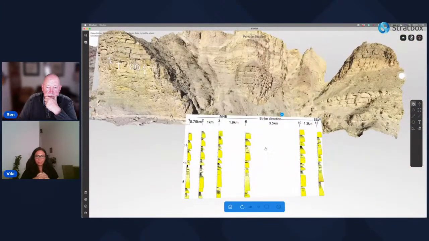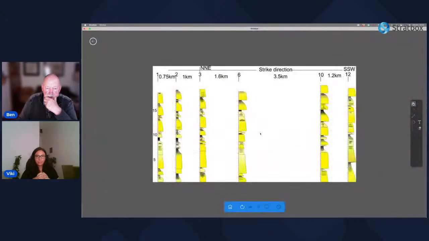Now, one of the principal differences between this and the lobe turbidites is that in this system, the individual beds can be correlated over the entire outcrop. So this is about 7 kilometers along.